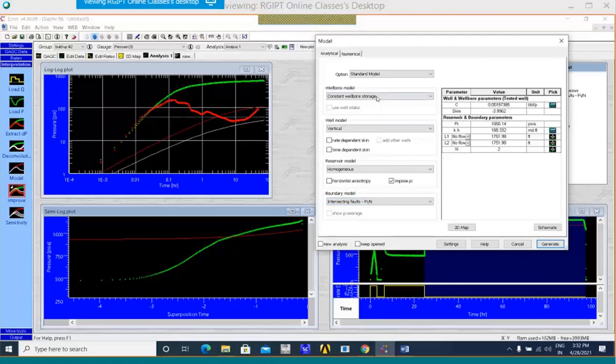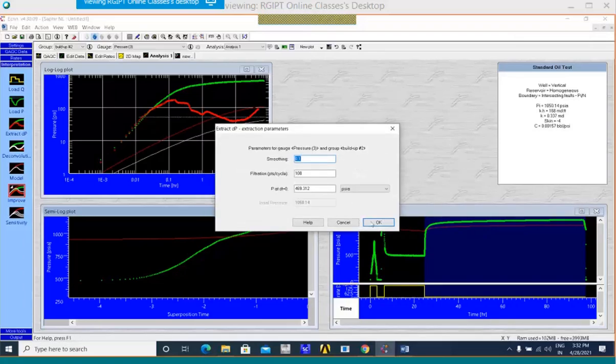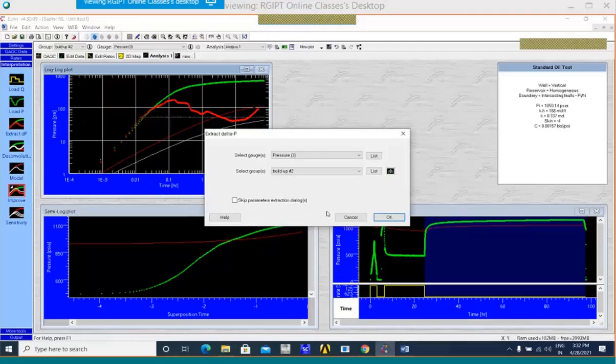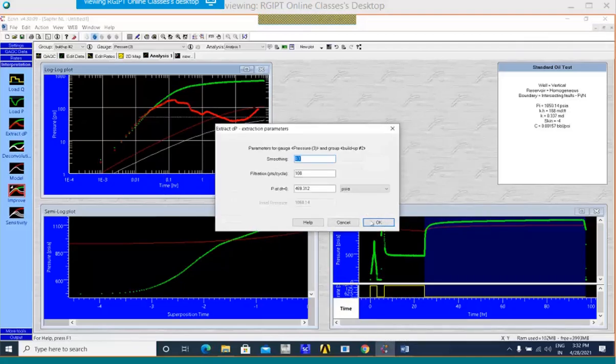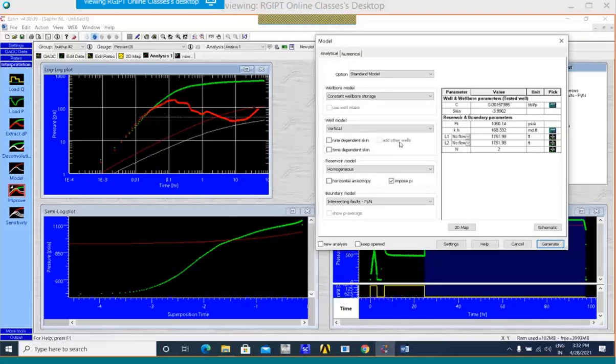Not a good match. Vertical. Let me draw this again. Model.